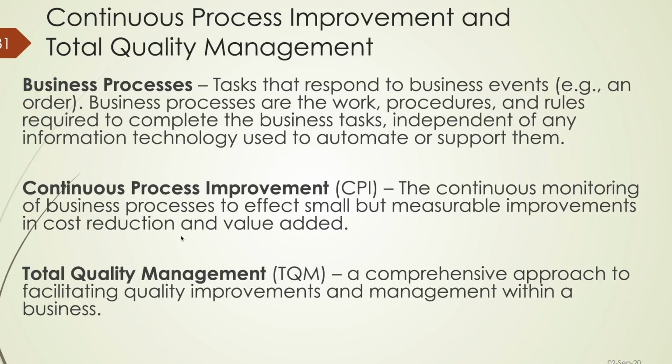For example, if we do a sales order, or we generate an invoice, or we issue a report, those are processes that are involved. So business processes are the work, the procedures, the rules that are required to complete the business task, independent of any information technology that is used to automate or support them.